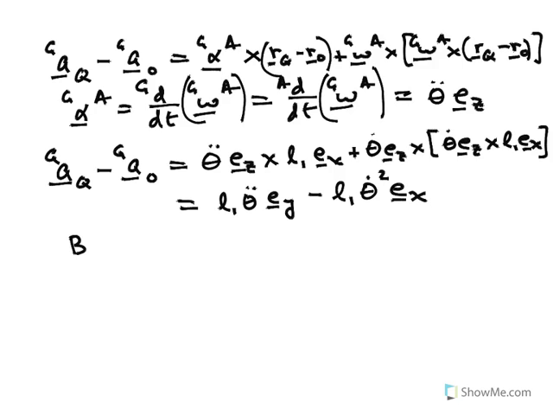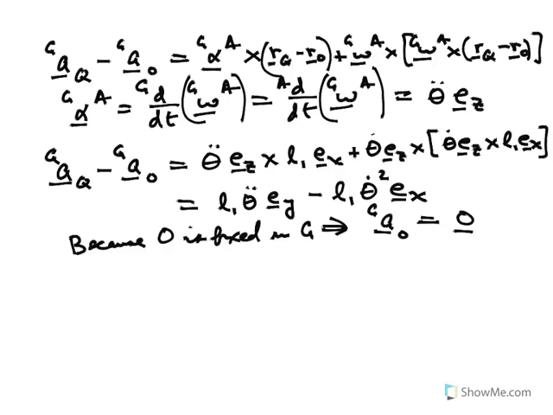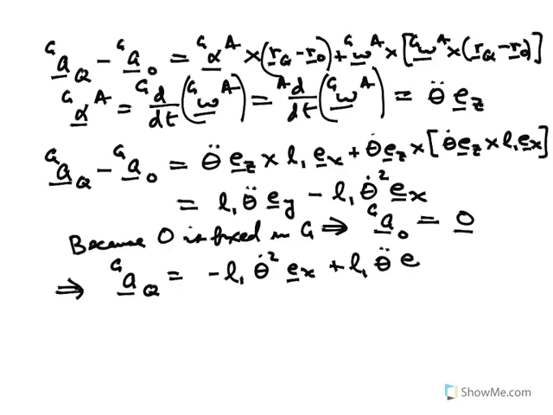Now, because O is fixed in G, that implies that the acceleration of O in G is 0, from which we get that the acceleration of Q in G is equal to minus L1 theta dot squared Ex plus L1 theta double dot Ey.